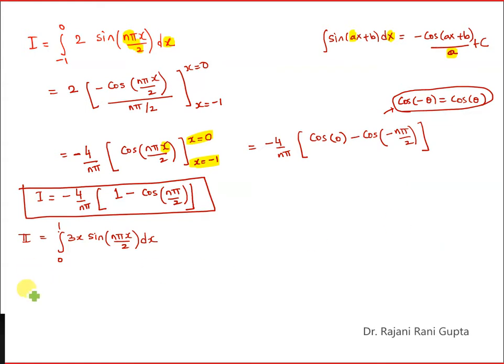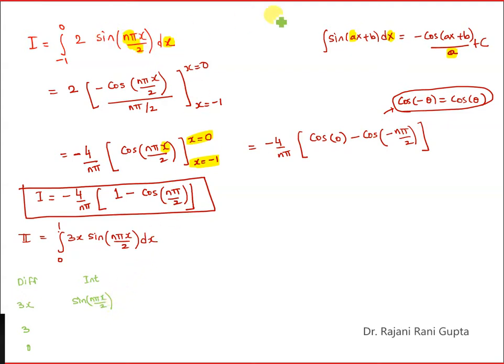Select one function for derivative, another function for integration. So for derivative we select 3x. The derivative of 3x is 3. The derivative of 3 becomes 0. For integration we select sine n pi x over 2.